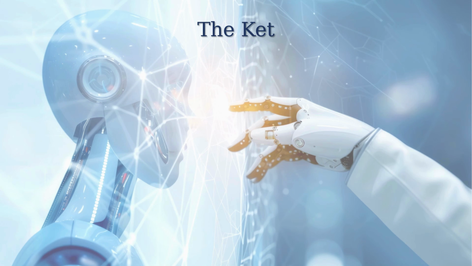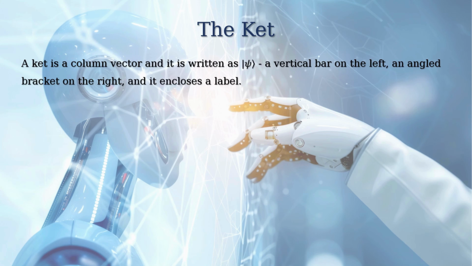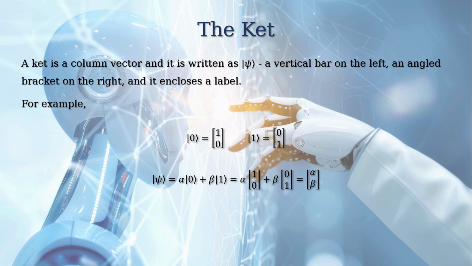So, what is a ket vector? A ket is a column vector and it is written as ket psi. A vertical bar on the left, an angled bracket on the right, and it encloses a label. For example, K0 and K1 are written like the following.